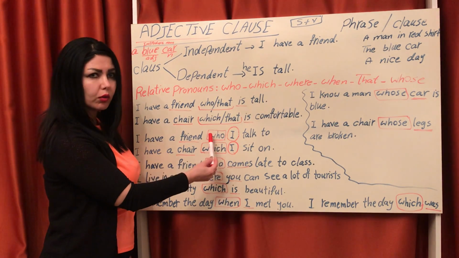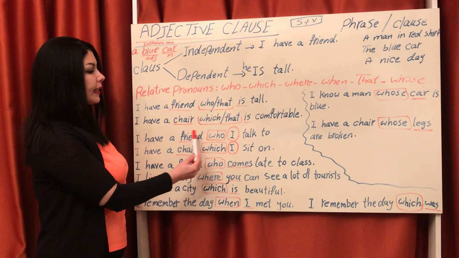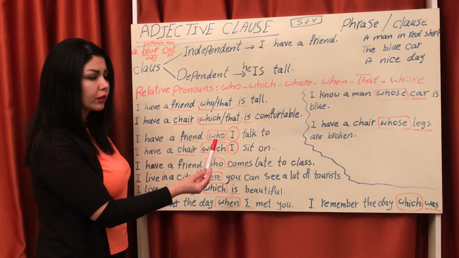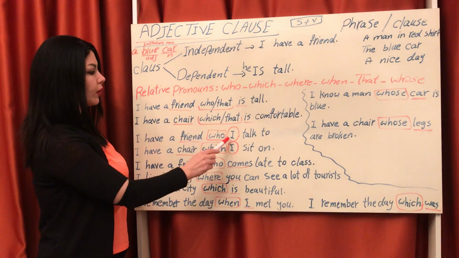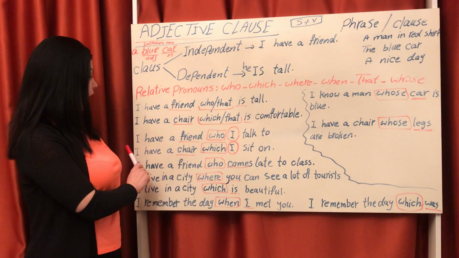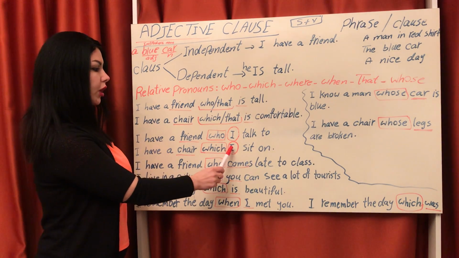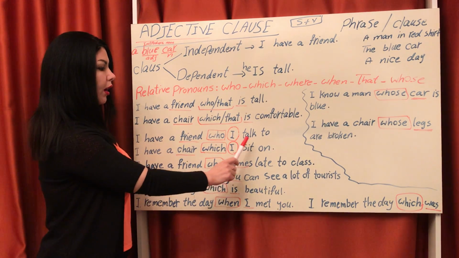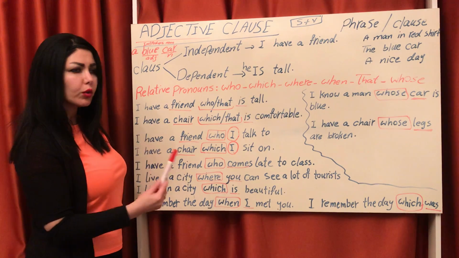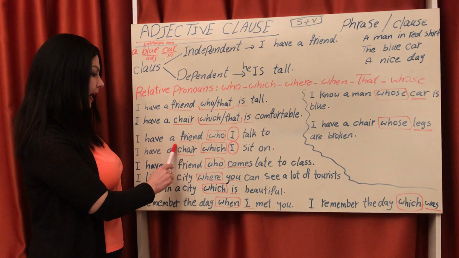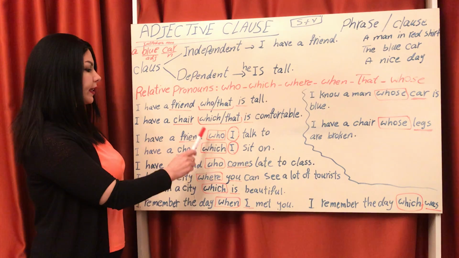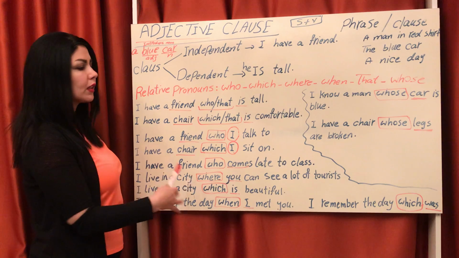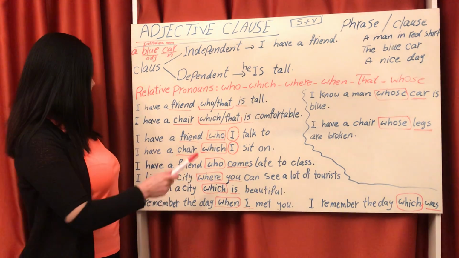Why do we choose who? Because of friend. After who, we can use a subject too, not only a to be verb. I have a chair which I sit on. Why do we use which? Because we have a thing, chair. And after which we can also use a subject.